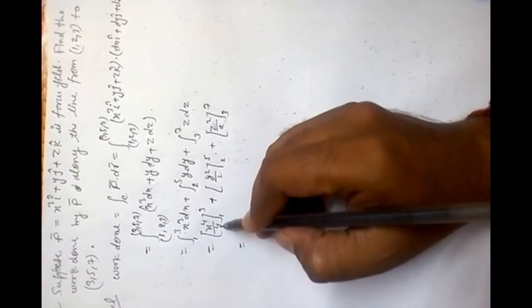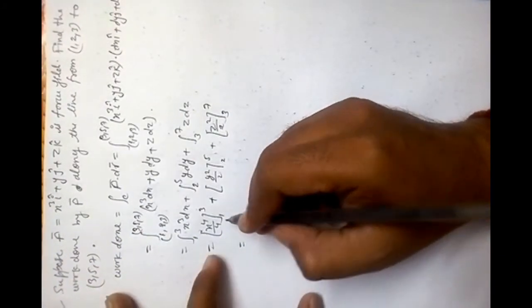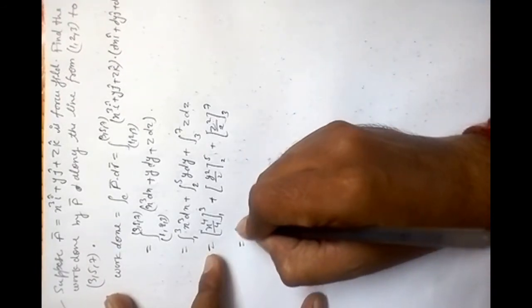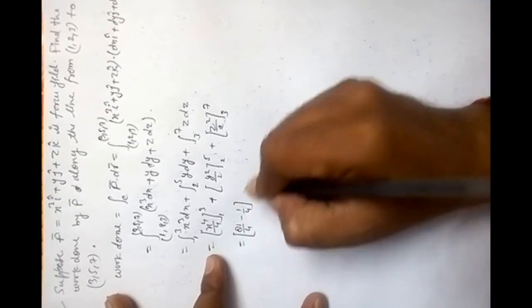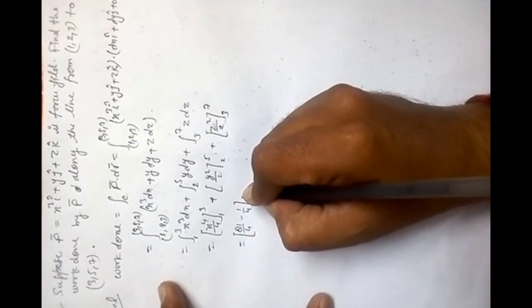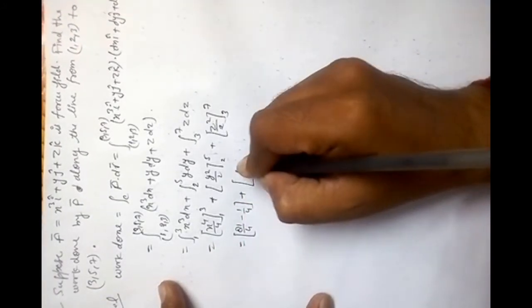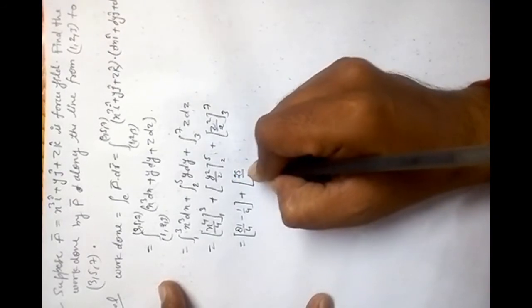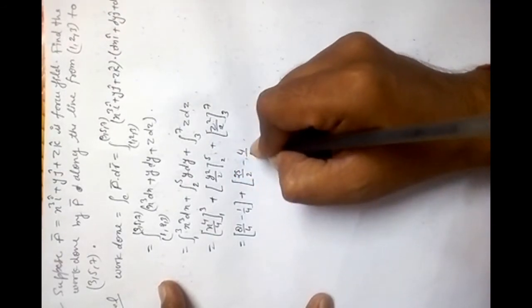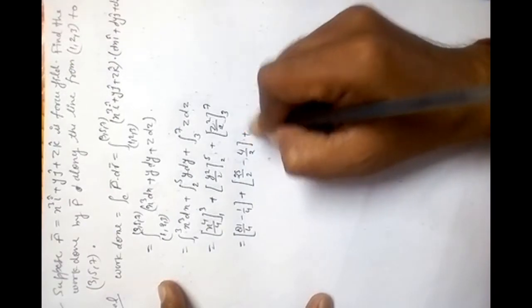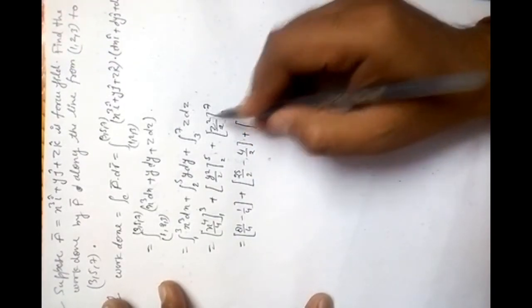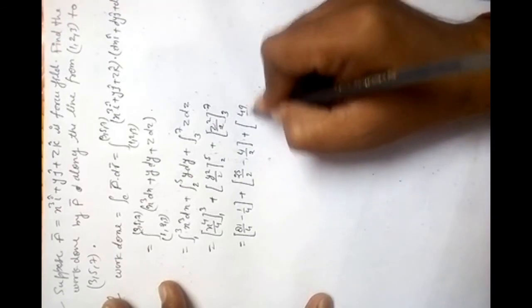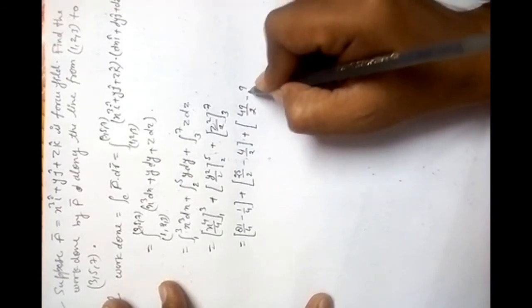So upper limit minus lower limit, that means 81 by 4 minus 1 by 4 plus 25 by 2 minus 4 by 2 plus 49 by 2 minus 9 by 2.